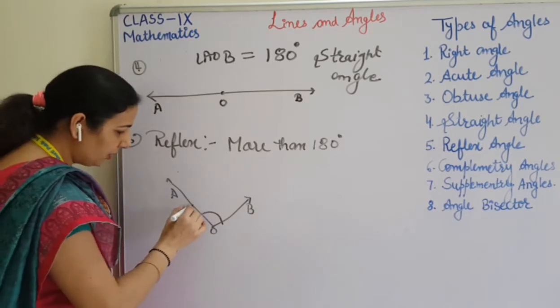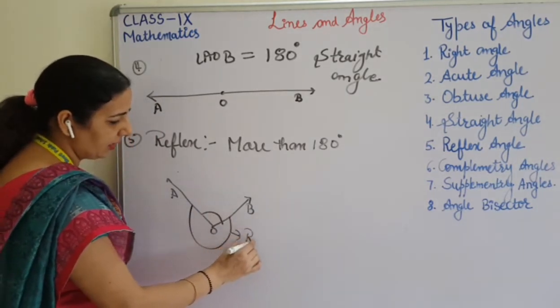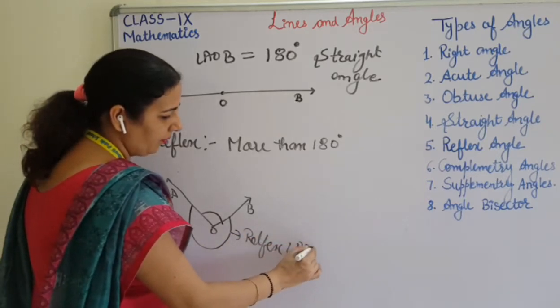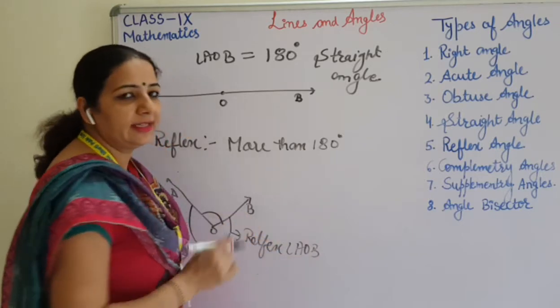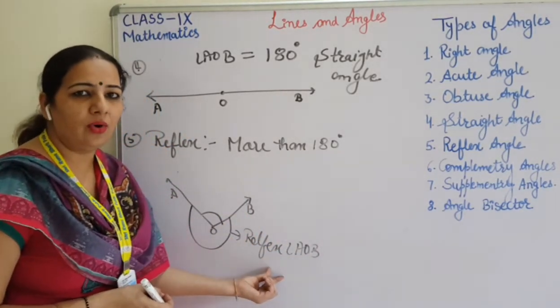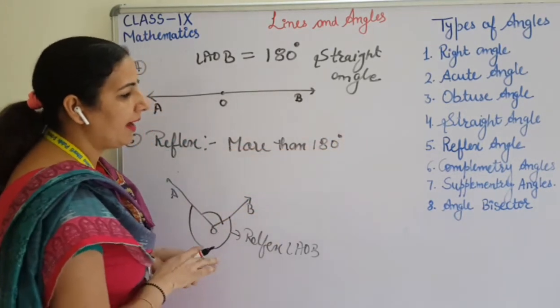And what about this angle? This angle is the reflex angle. This is known as the reflex of angle AOB. This is the method to write these angles. After that, the next is complementary angles.